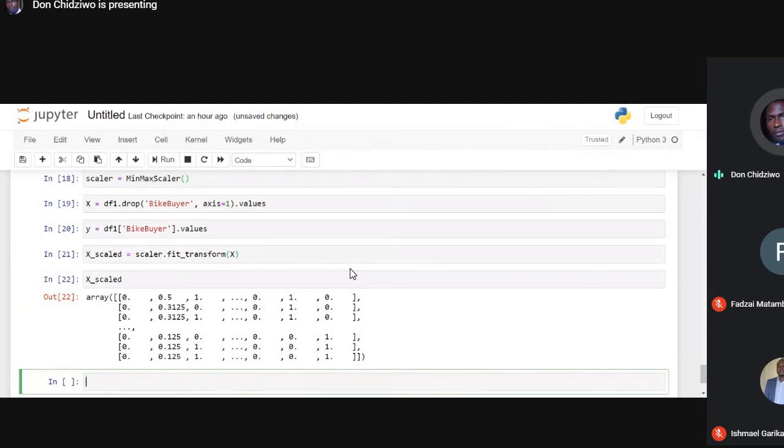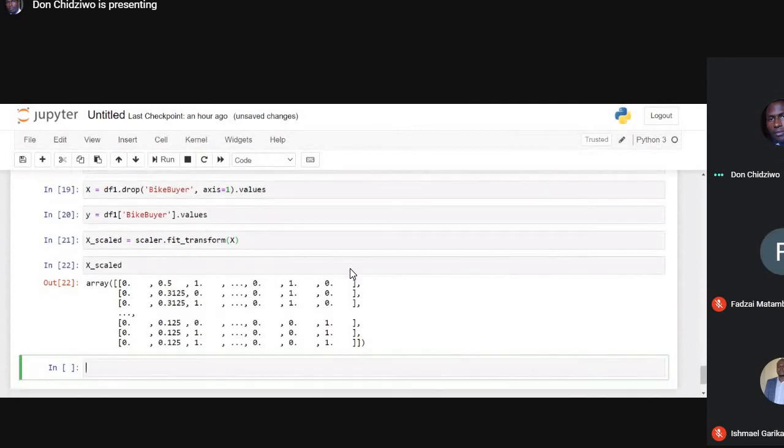Can anyone explain to me why that is? Is it because min-max scaler, it's 0 and 1, so it doesn't change? Exactly. The formula will be: if the value was 0, it will be x, which is 0 minus minimum, which is 0, divided by max minus min, 1.